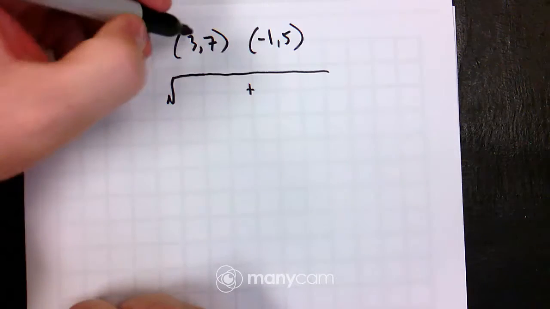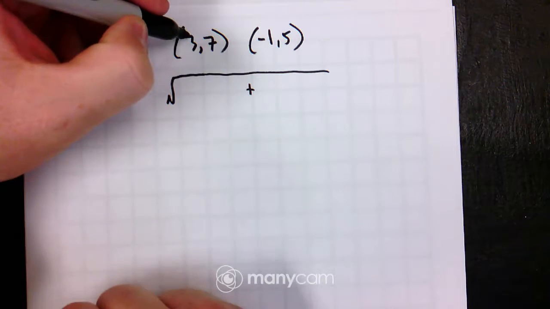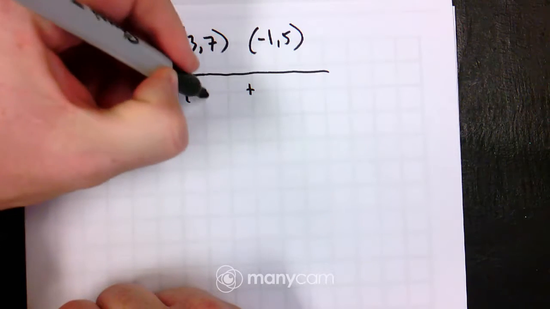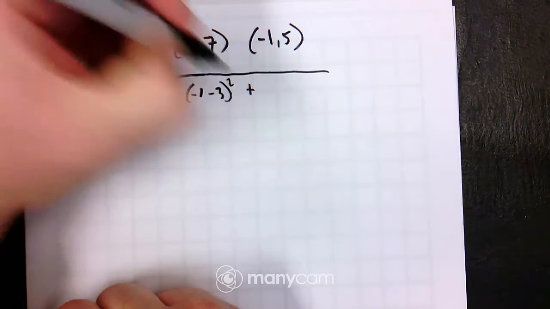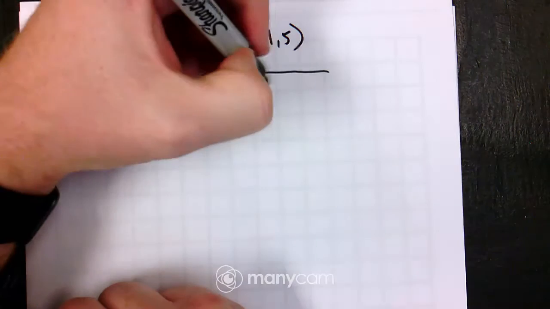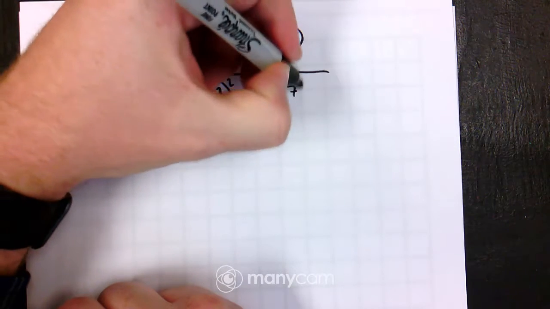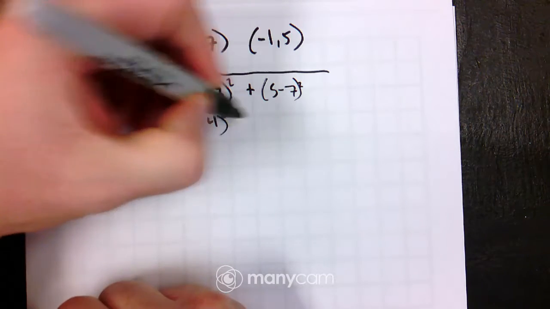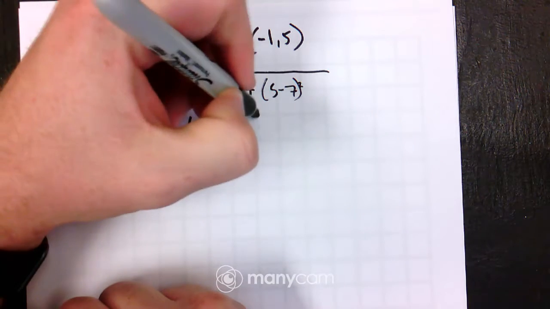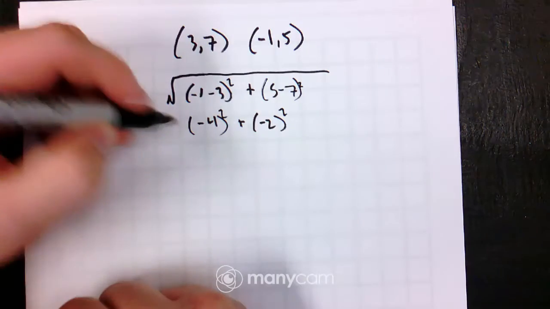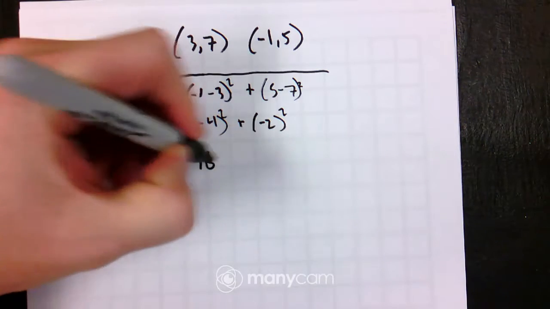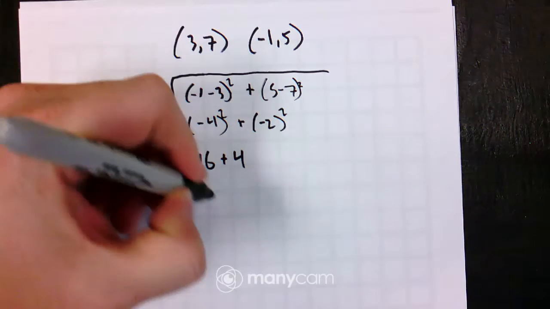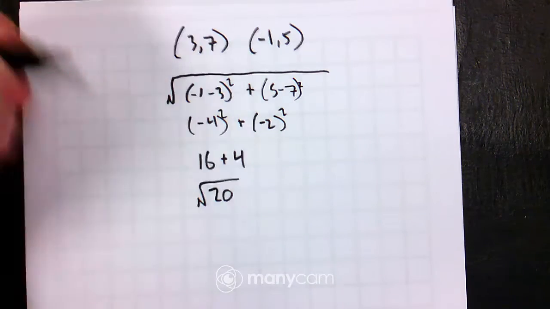So x2 minus x1: negative 1 minus 3 squared plus 5 minus 7 squared. Negative 1 minus 3 is negative 4 squared, plus 5 minus 7 is negative 2 squared. That gives me 16 plus 4, or 20. So the square root of 20.